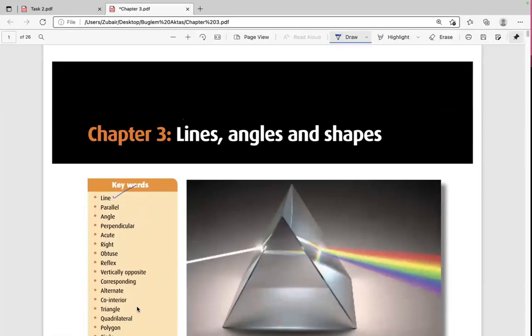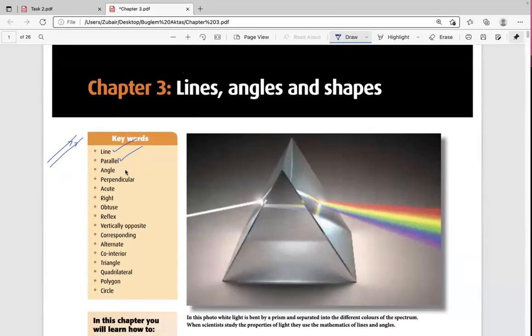A line is just straight, having no ends. Parallel would mean they have the same gradient and they will never intersect. Keywords for this chapter: line, parallel, angle. Perpendicular is 90 degrees.